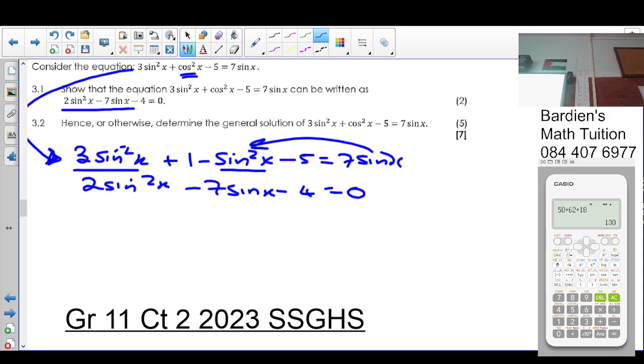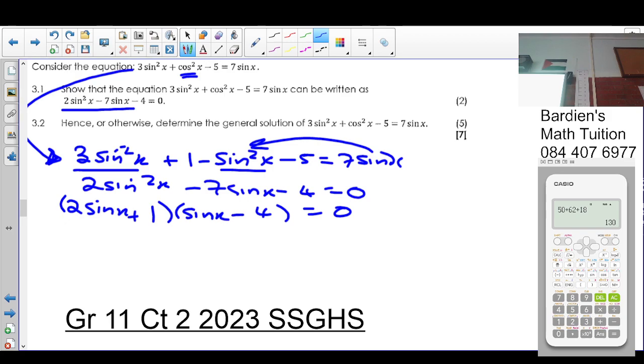Okay, so what I can do here is either use the quadratic formula with a calculator, or I can use factorization. I'm going to use factorization here. So it's going to be 2 sine x times 4, which gives you 8, and then sine x as well, and this is a 1, so it's minus plus.